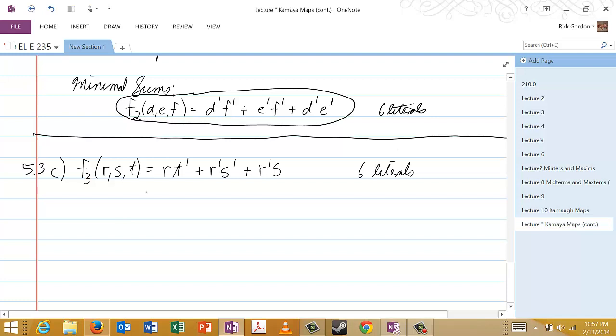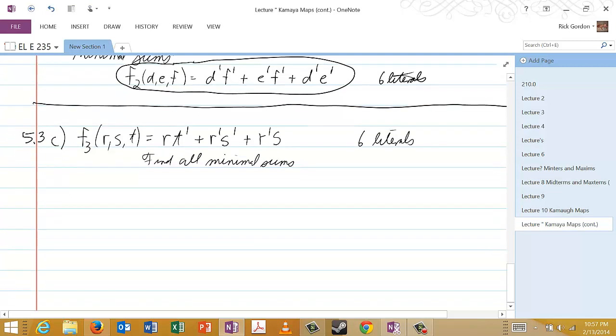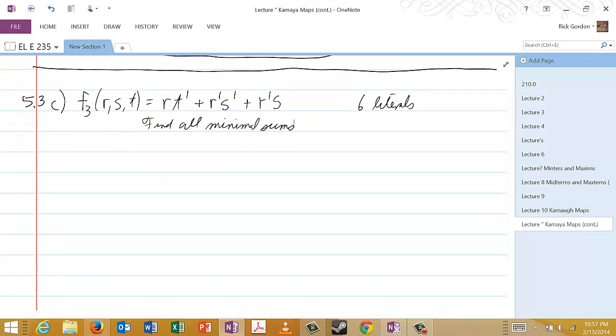And our job, once again, is to find all minimal sums. This is a function of 3 variables, so we will have 2 to the 3rd power cells in our Karnaugh map, or 8.